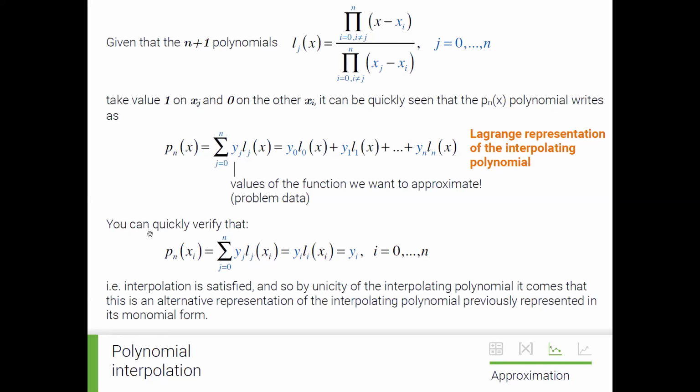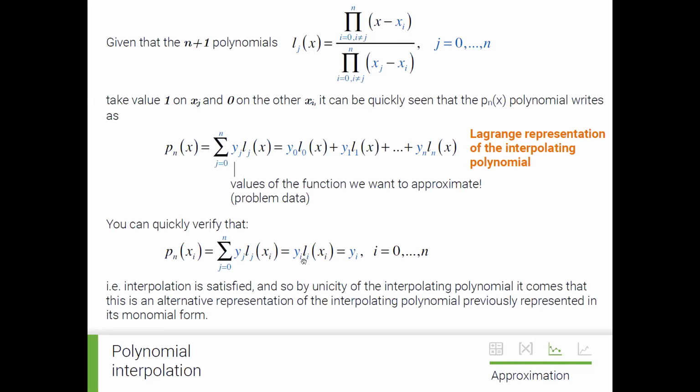Now let's verify that Pn of xi, look here, instead of x, we will put xi. It equals the sum of yj lj of xi, from 0 till n, where only the i-th term survives.